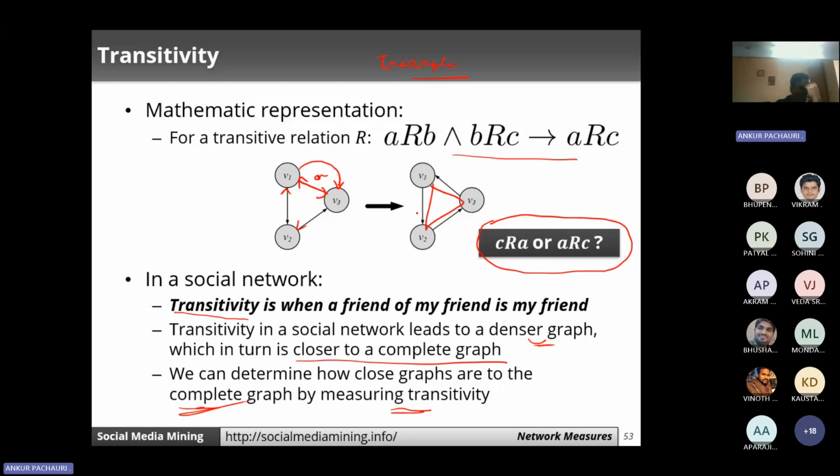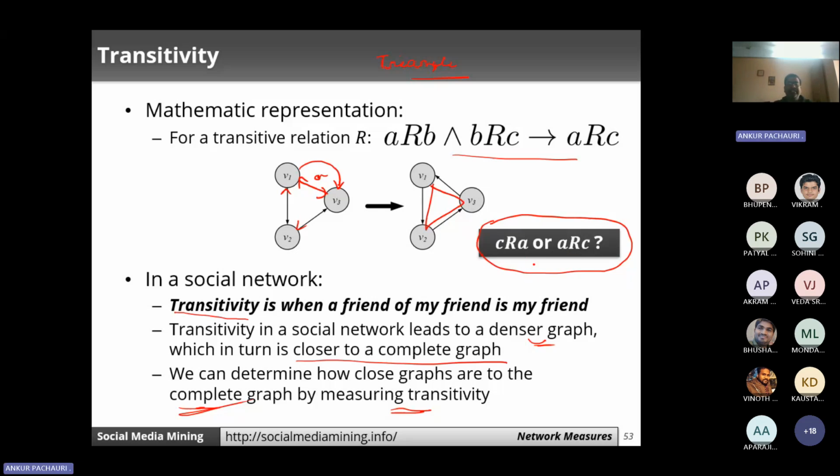Okay, fine. I thought of answering this, but unfortunately I was not able to frame a particular example where CRA and ARC were different from each other. So that's why I skipped it. I thought of explaining that scenario and then coming up with an example, but unfortunately at runtime I was not able to frame the example in which those two relations are different.